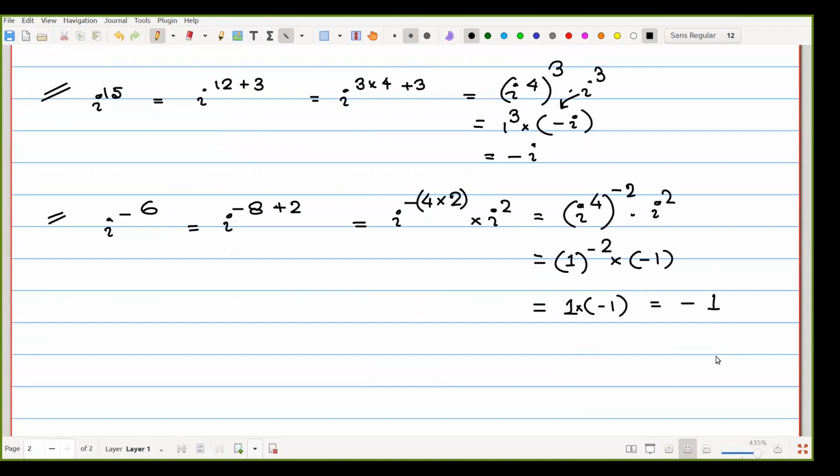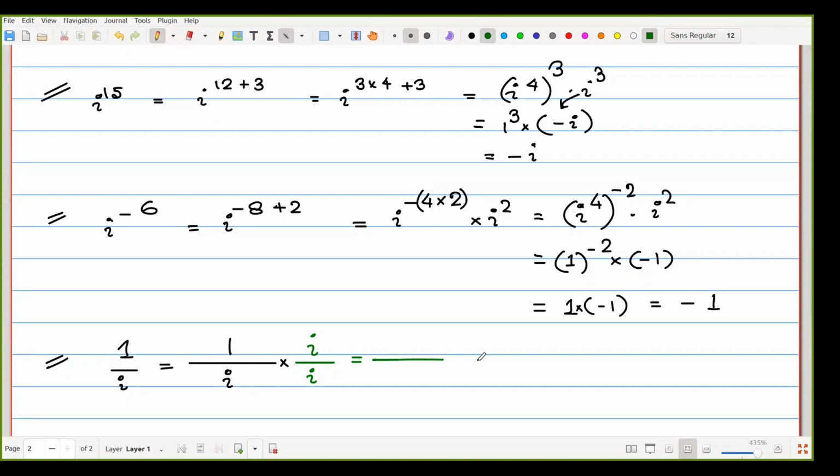Final one is very important. Here we have 1 divided by i. So here we are writing 1 divided by i into another i. Since i has been taken in the numerator, another i has been taken in the denominator: 1 by i into i by i.